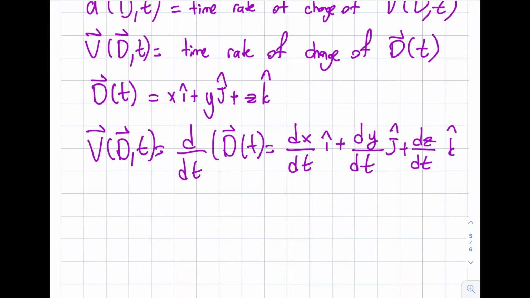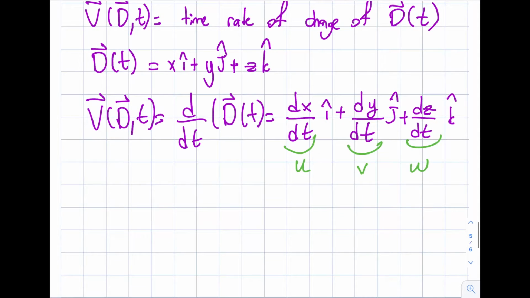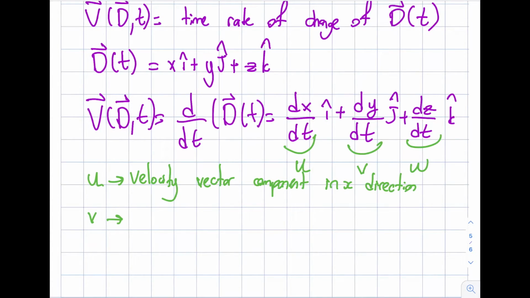Okay. By convenience, nothing more, nothing less, I call this u, I call this v, I call this w. So now what happens is, basically, let's write it over here. These are important things that I really want you to know. u is the velocity vector component in x direction. v is pretty much everything identical over here in y direction.